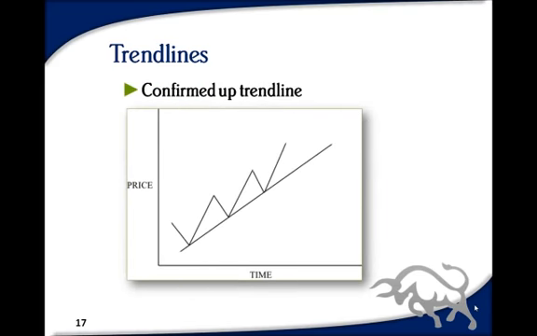So it looks like this in simple form. The price is the jagged line, and the trend line is the straight line, touching along those 3 points. That is therefore a confirmed straight line trend line, running upward.